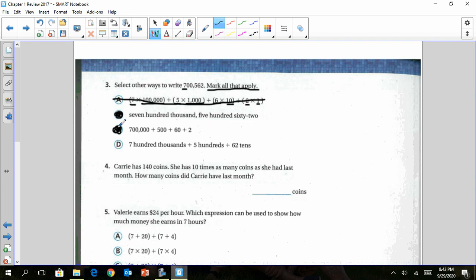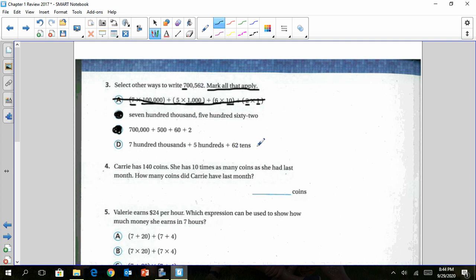The last one here would represent the place values and the numbers that would be in there. So do we have 700,000s? That's correct because there's a 7 in the 100,000s place. 5 in the hundreds? That's correct. And then 62 tens. Think of it as money.